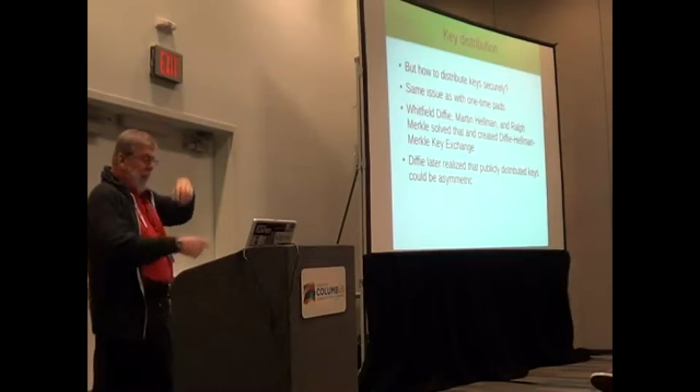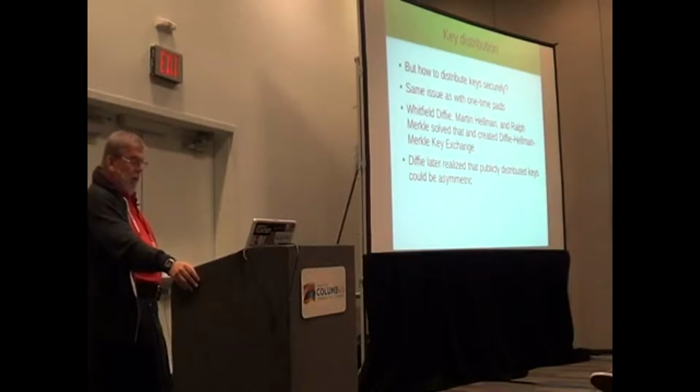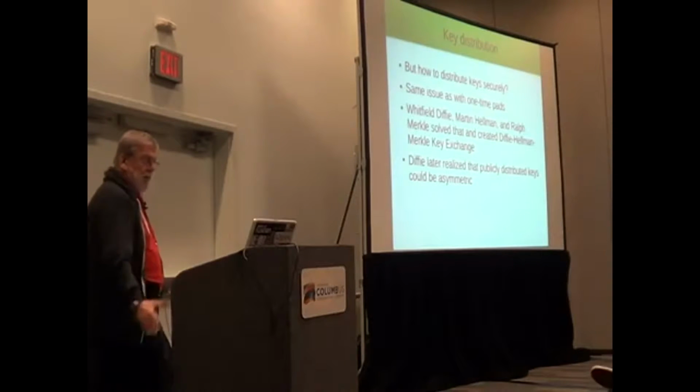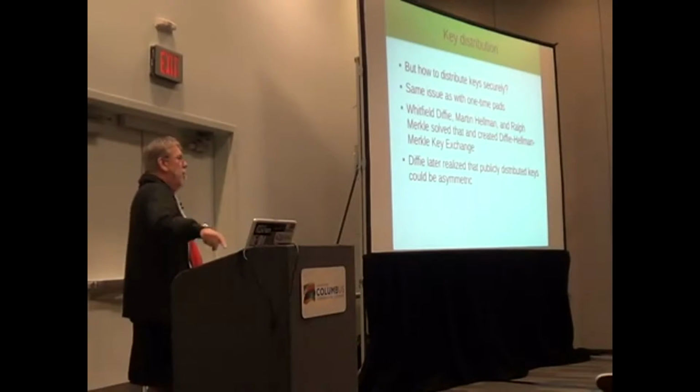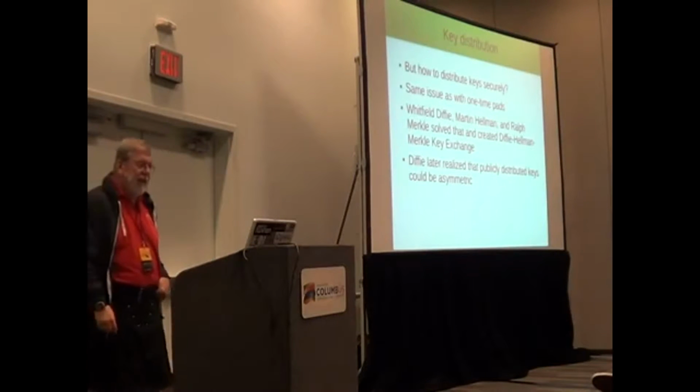How do we do that? Well, 3 people, Whitfield Diffie, Martin Hellman, and Ralph Merkle, solved that problem and came up with Diffie-Hellman-Merkle key exchange. Now, you've probably heard it referred to as Diffie-Hellman. Well, Martin Hellman said, no, Ralph Merkle deserves to be there. So I'm going to go with that.